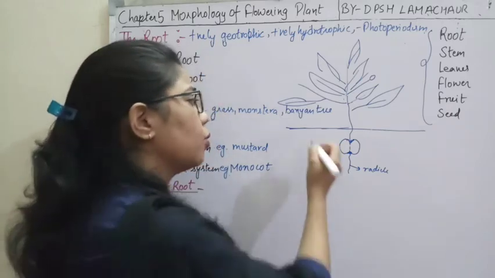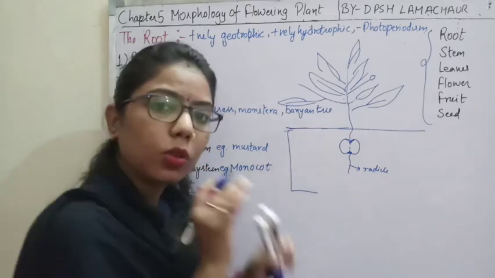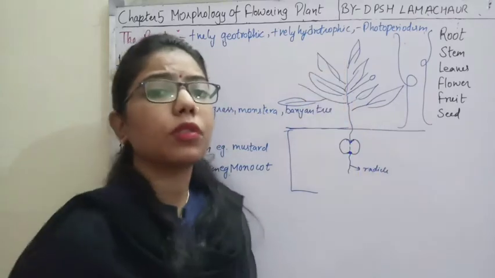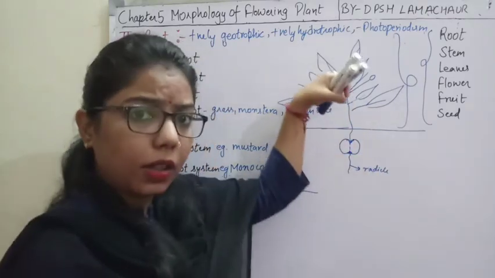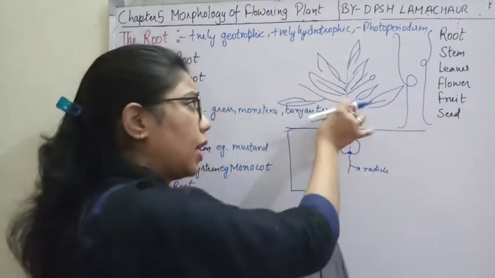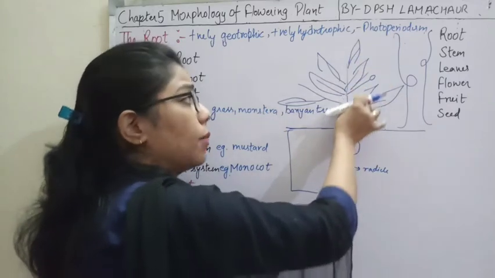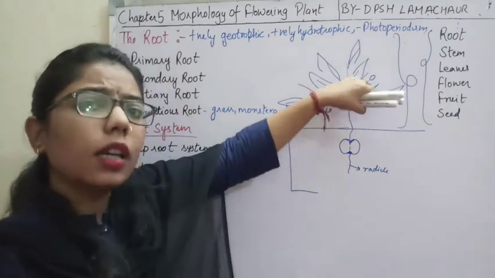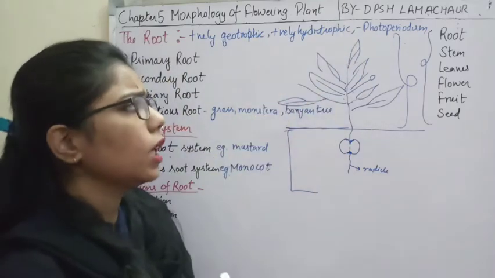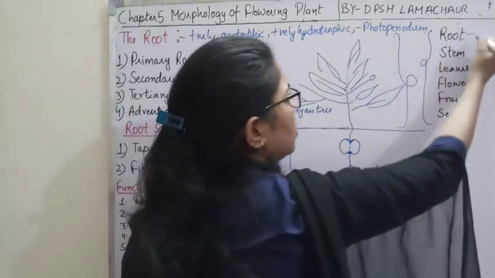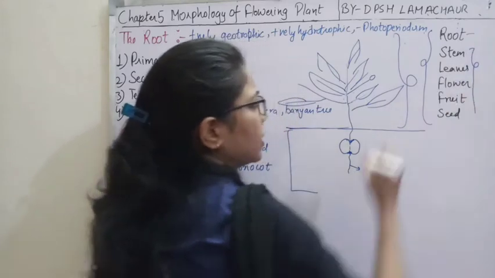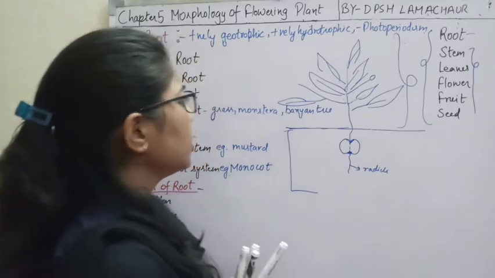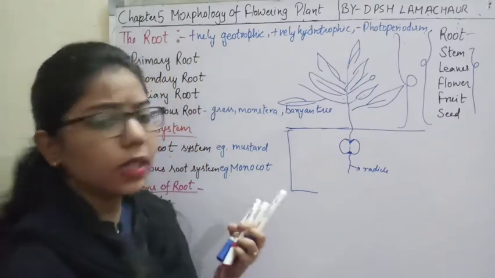The root system, in which we talk only about roots, and the shoot system, in which we study the above part: stems, leaves, flower. All these are situated in the shoot system. One by one we will study what each means.